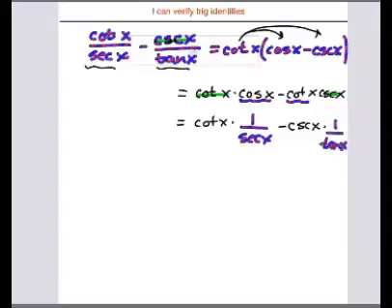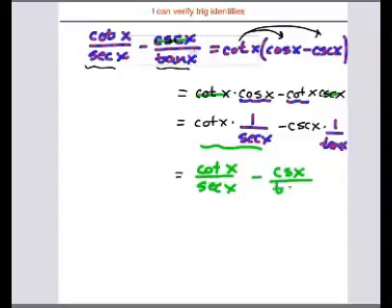But then I think we've got it here, because cotangent of x times 1 over secant, cosecant of x over tan. I'm going to bring this down. We have now proven that the left side is equal to the right side.